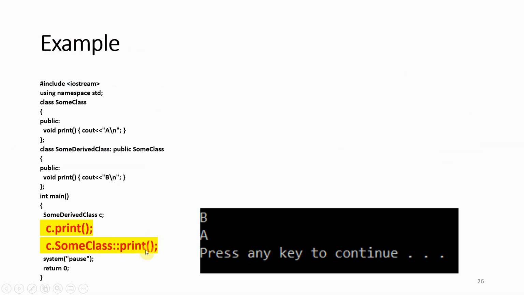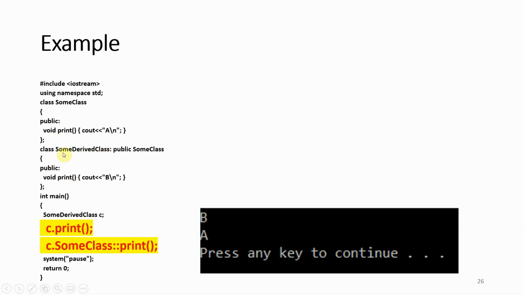This is what I was mentioning before. Here we have a base class called some class, and another class called some derived class, which is derived from the base class, the super class or the parent class. Both of them have a print function. We have redefined the print function for the derived class.